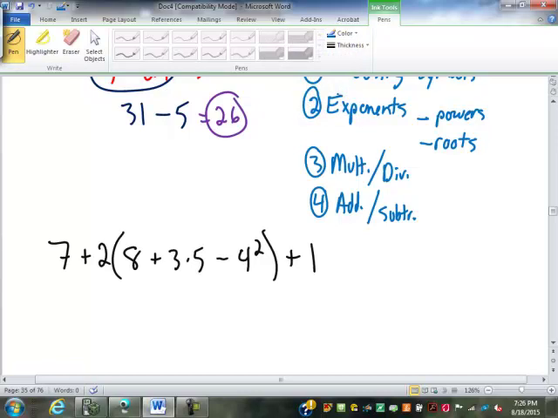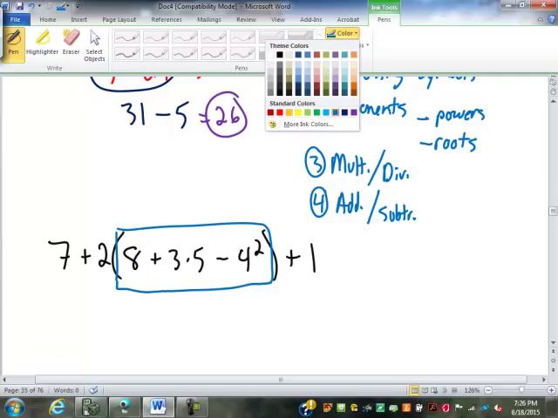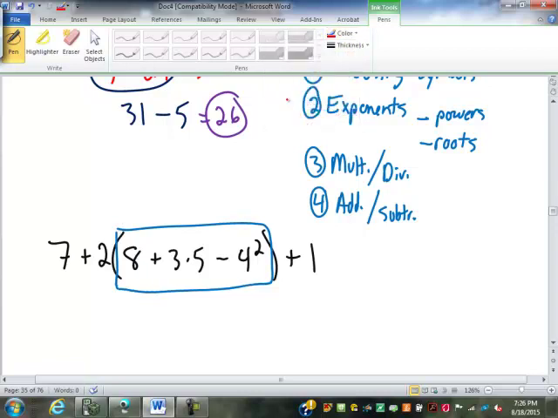First level of priority, of course, is enclosing symbols, and we have some. We have this set of parentheses right here. So what that means now is we're going to narrow our focus to what's inside that set of parentheses. So inside the blue box. Inside there, the order of operations still applies. Do we have any other enclosing symbols? No. So next level of priority, do we have any exponents? Yes, we do. We have the power.